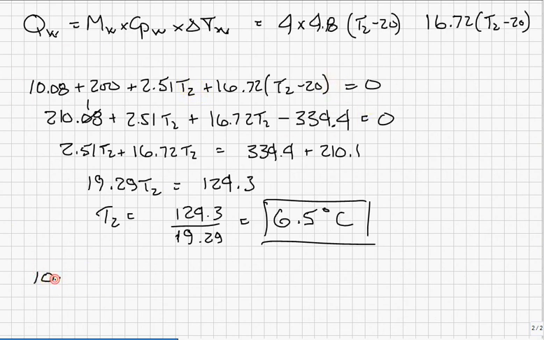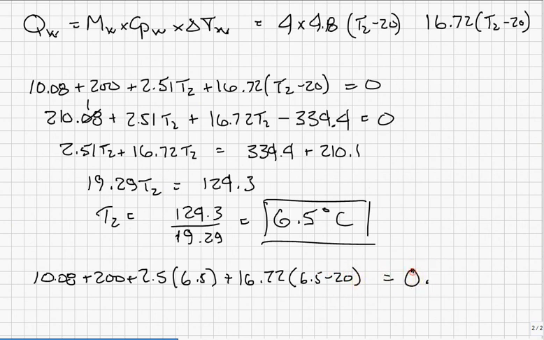So it becomes 10.08 plus 200 plus 2.5 times 6.5 plus 16.72 times 6.5 minus 20, and that comes out to 0.625, and based on all the rounding I did, that's a number close enough to the 0 that the net heat flow is supposed to be to give us a good result.